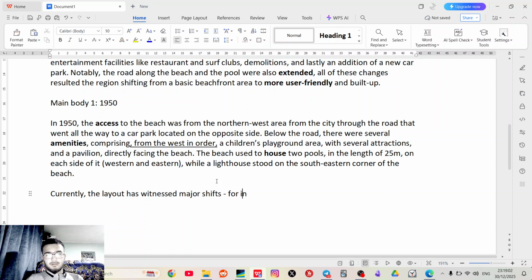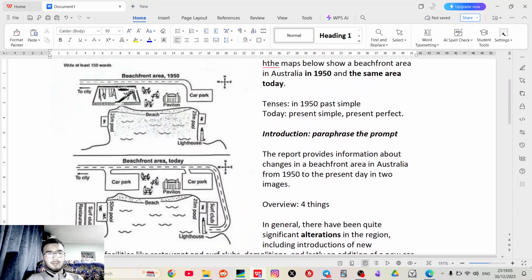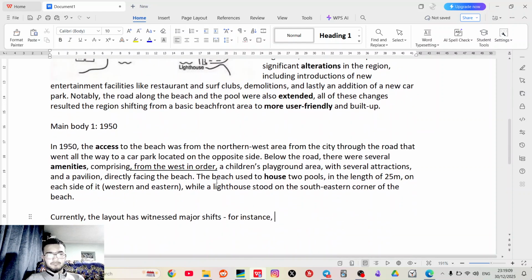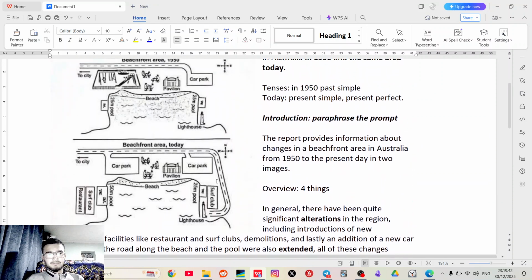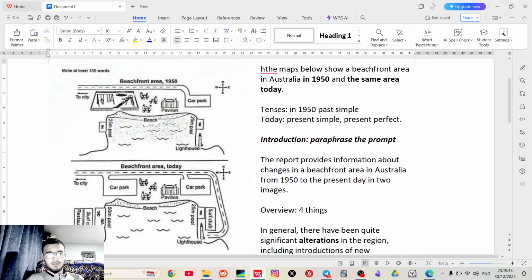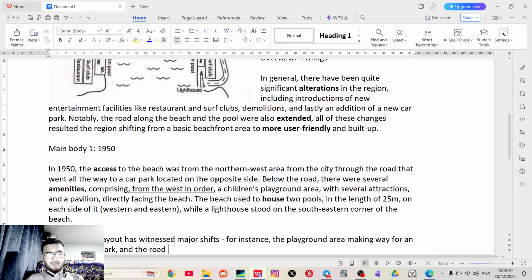For instance, the playground area making way for an additional car park and the road being enlarged.